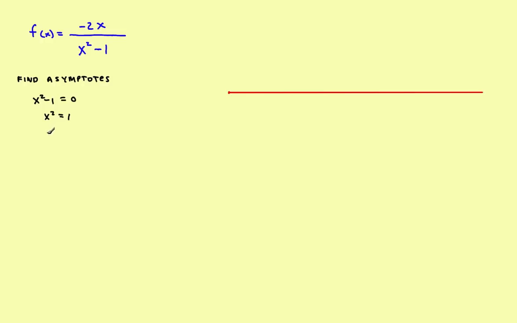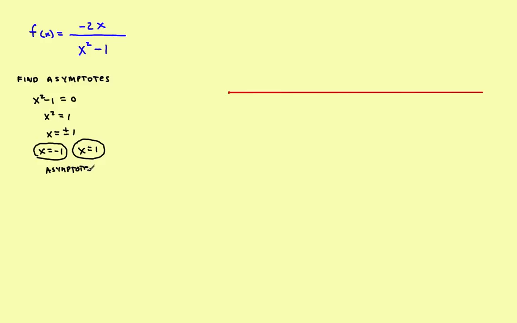Take the square root of both sides and you'd get x is equal to plus or minus 1, which means x is equal to negative 1 or x is equal to positive 1. And these are your asymptotes. So you're going to have an asymptote at negative 1, and you'll have another asymptote at positive 1. So those are the asymptotes.